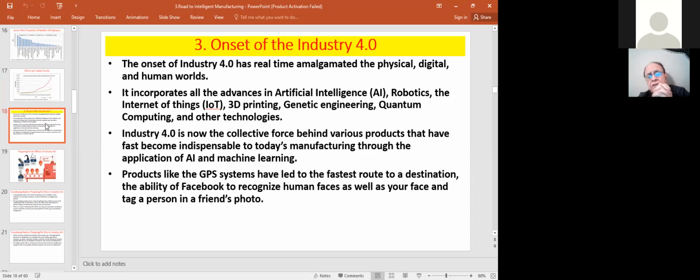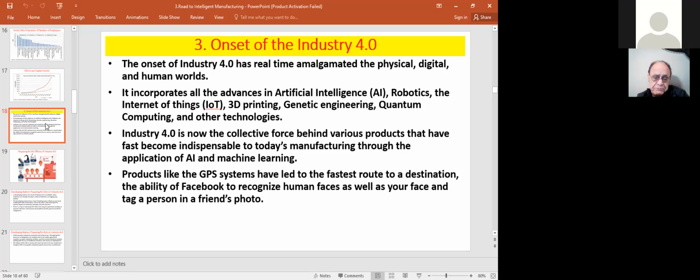Industry 4.0 really integrates, or amalgamates, the physical and the human worlds together, and it incorporates artificial intelligence, robotics, Internet of Things, 3D printing, genetic engineering, quantum computing, and other technologies. So Industry 4.0 is really a collective force, and we can make use of it.